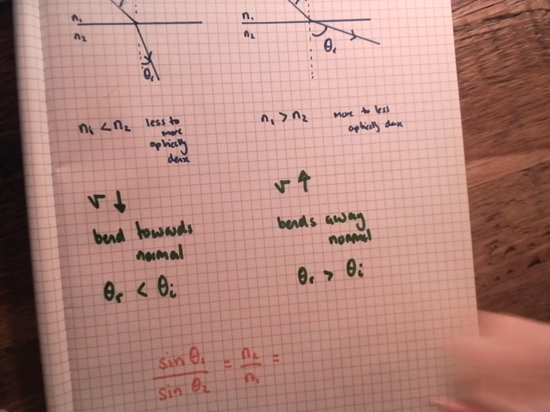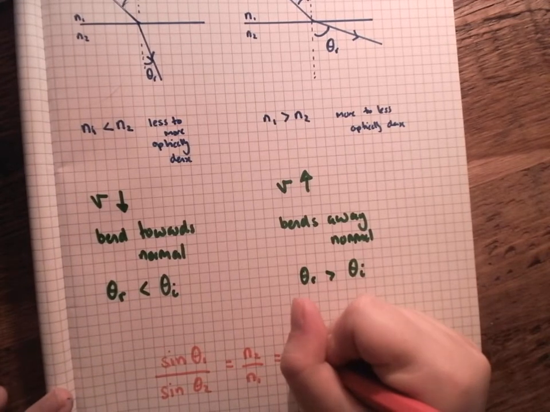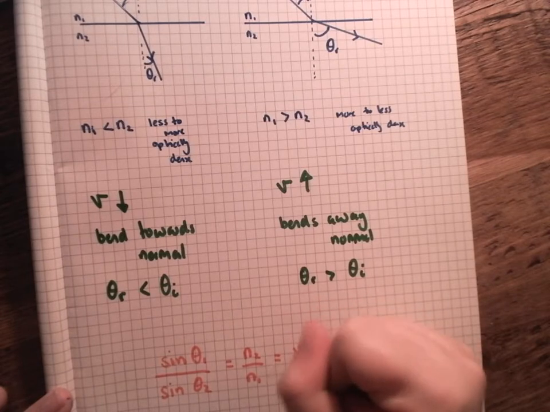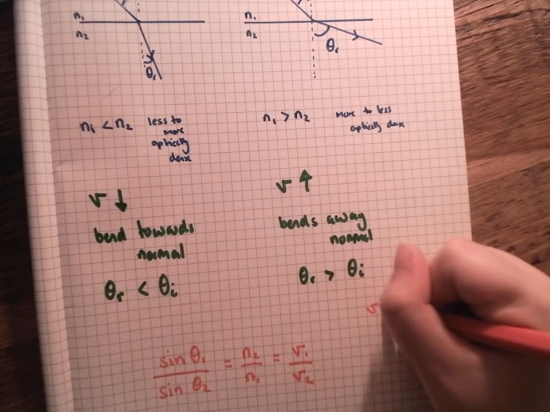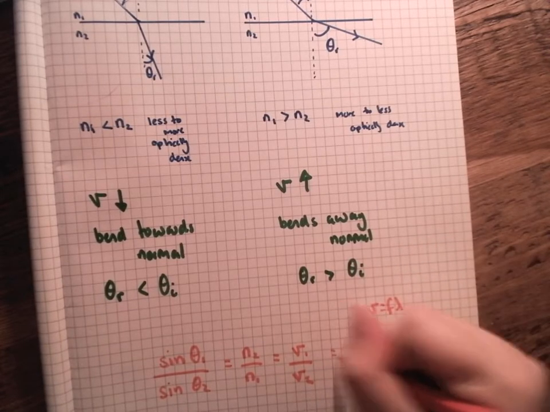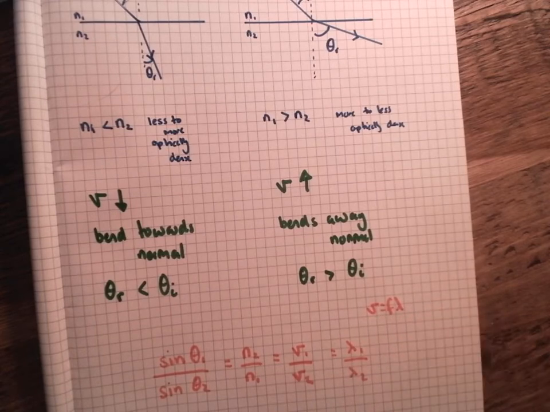That is also equal to the velocity of 1 divided by the velocity of 2. And because v is equal to f lambda, we can also say that it's lambda 1 over lambda 2 as well.